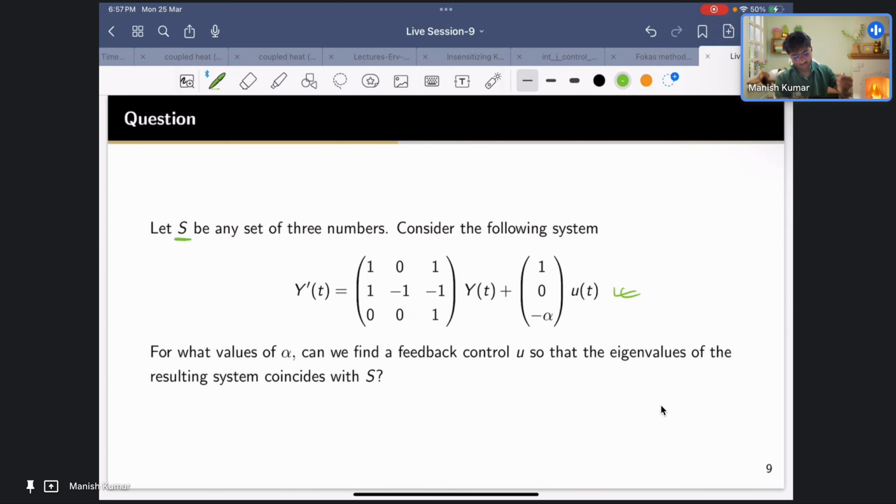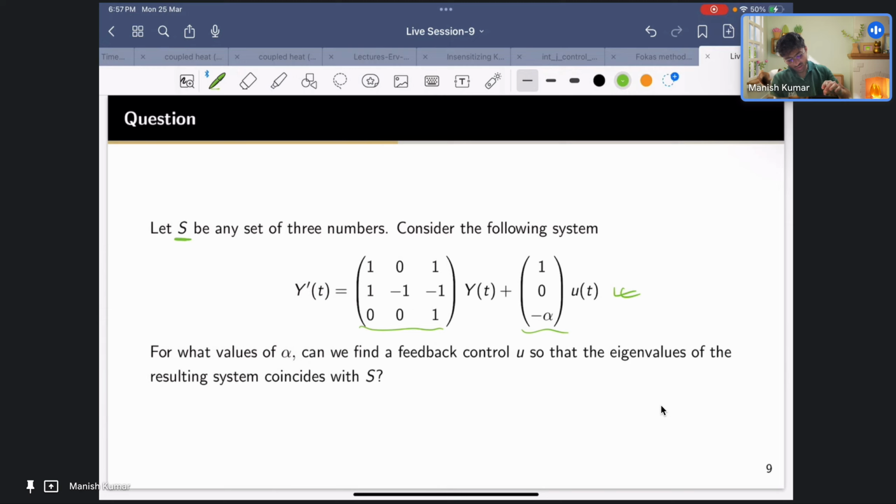Basically what you need to check is that this system is controllable. Once this system is controllable, you are done. When it is controllable, the existence of such feedback control is guaranteed by the pole shifting theorem, right? So let us try to see what values of alpha it can accept.